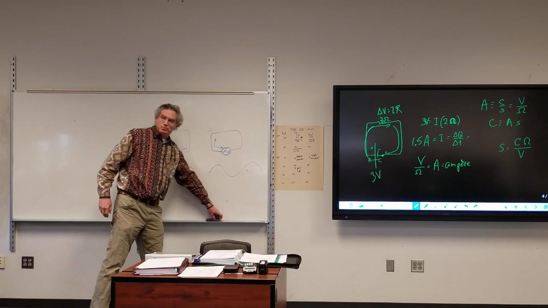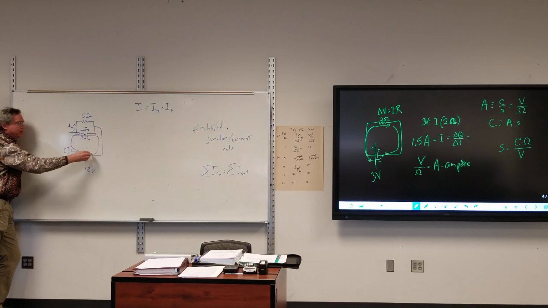I also know that if I use the voltage rule, if I start here and go around this loop and I come back and I get back to here, I'm gonna gain 12 volts here, I'm gonna lose 12 volts here, so I know that there's minus 12 volts going across it that way.